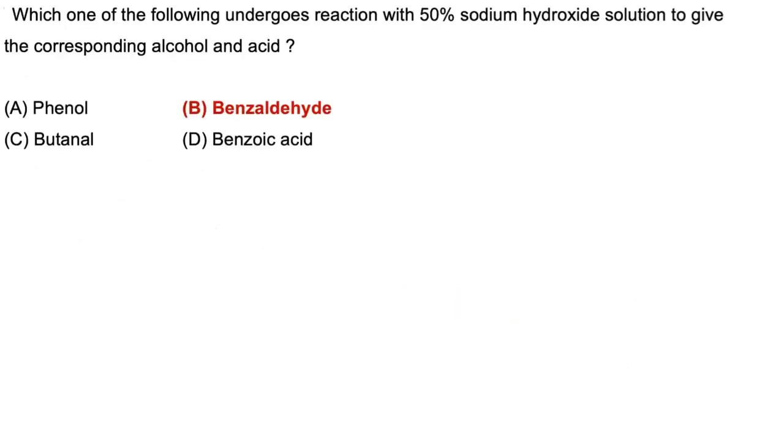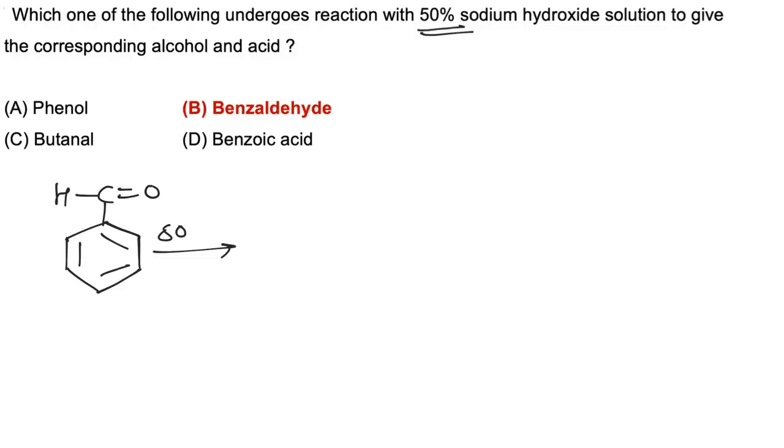In this question we have to find which of the following compounds undergoes reaction with 50% NaOH solution to give the corresponding alcohol and acid. Whenever any aldehyde which is not having alpha hydrogen is treated with concentrated NaOH, 50% NaOH or a strong base, the Cannizzaro reaction takes place and one equivalent of aldehyde is converted to acid.